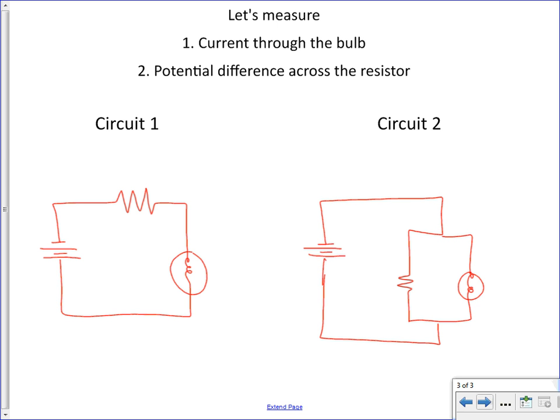But in each case, here's what I want to do. I want to measure the current through the bulb, but the potential difference, the voltage, across the resistor. Well, current through the bulb: here's what I'll do. Remove wire. Replace with ammeter. Notice that ammeter is in series with that bulb. Check.